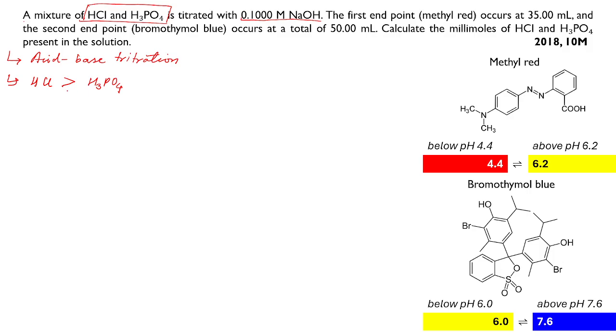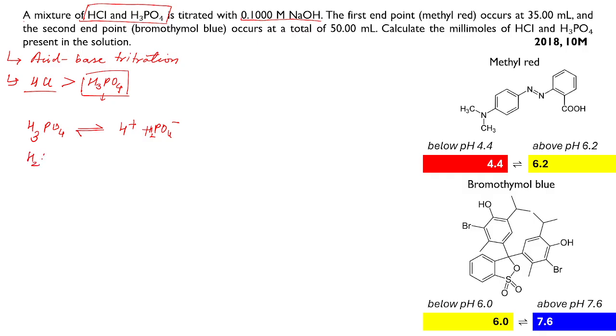HCl is monoprotic and H₃PO₄ is triprotic, and when it's triprotic it is going to give dissociation of protons in different steps. H₃PO₄ is going to give H⁺ plus H₂PO₄⁻.